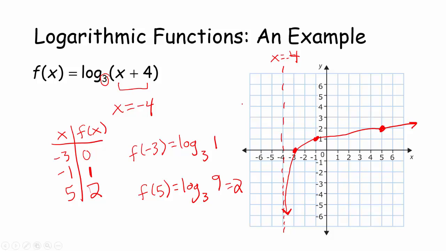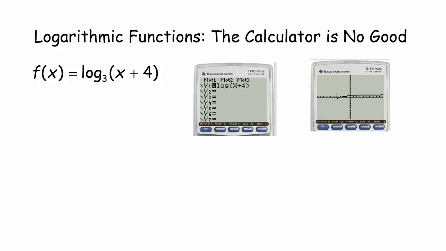Now, I picked the base to be 3 here on purpose because the calculator is not really great for dealing with logarithmic functions. There are some sophisticated tricks we could employ, but just in general. So here's our function, log base 3 of x plus 4. A lot of people would open up y equals and graph log of x plus 4.